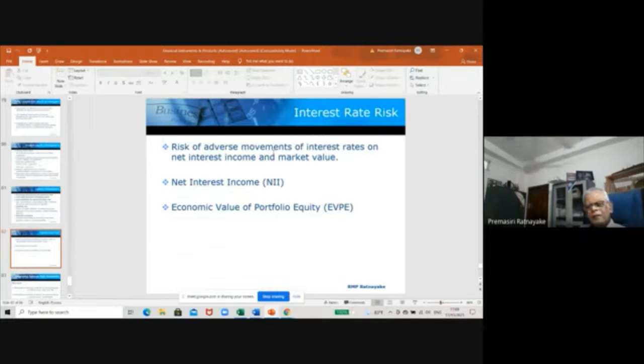The bankers and the finance companies rushed to reduce the interest rate paid on liabilities, but they were reluctant to reduce the interest rates charged on the assets or loans.